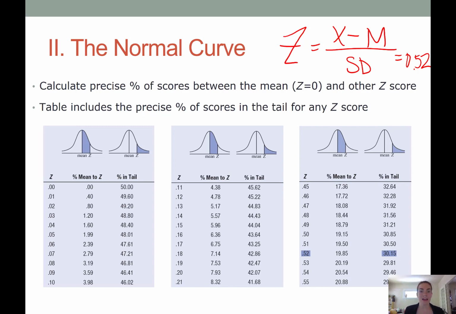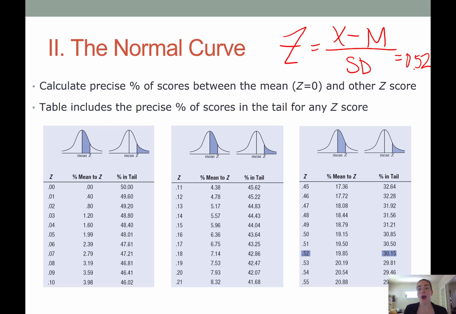Okay, what does that tell me? Well, I know that it tells me that this individual scored 0.52 standard deviations above average. So about half of a standard deviation above average for the sample. Because remember, z-scores are in units of standard deviations.